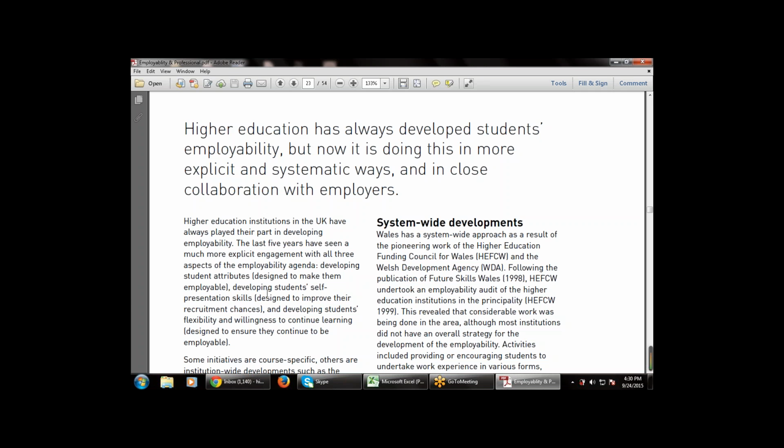And then developing the student flexibility and willingness to continue learning. So these are the three main goals of employability within higher education.